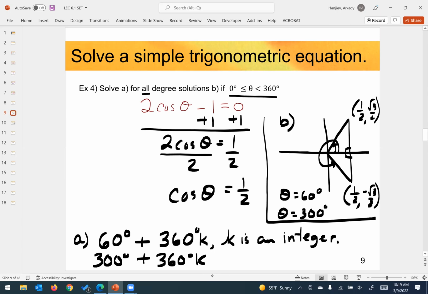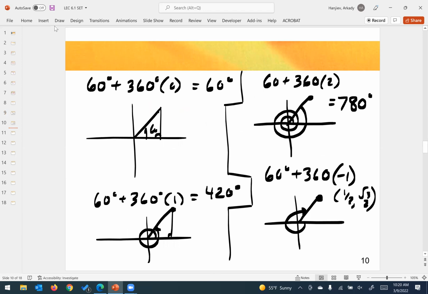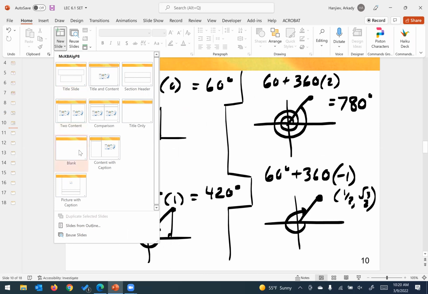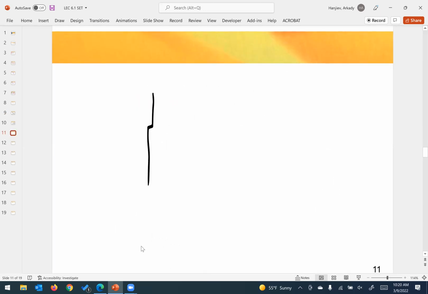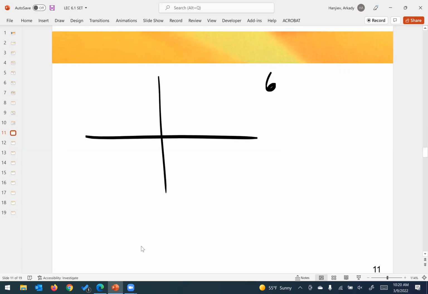So where does the 360 come from? The 360 just means all the way around, one revolution. Another way to think about it: you could also say 60 plus 360k, we get to our 60 already right here, and the 360k just does this right here.